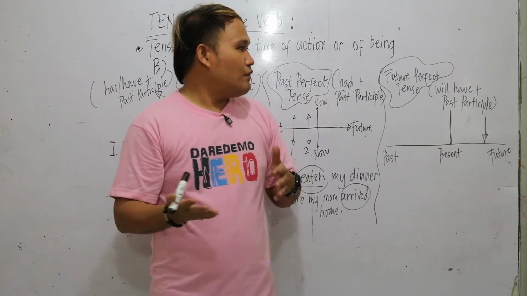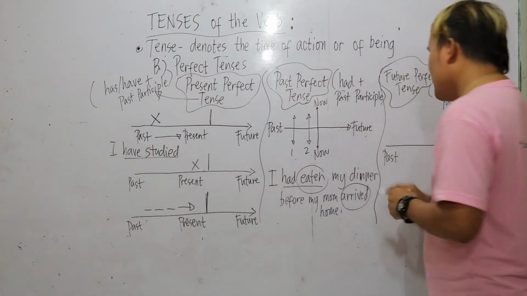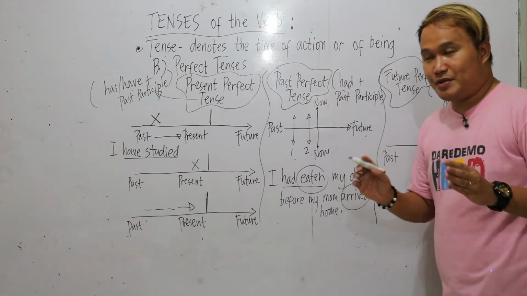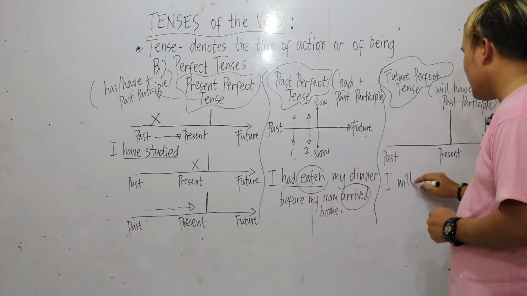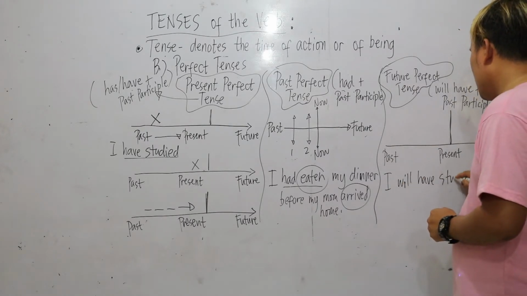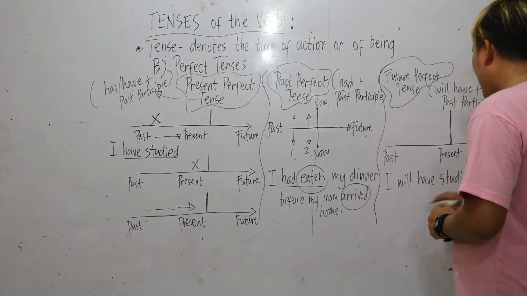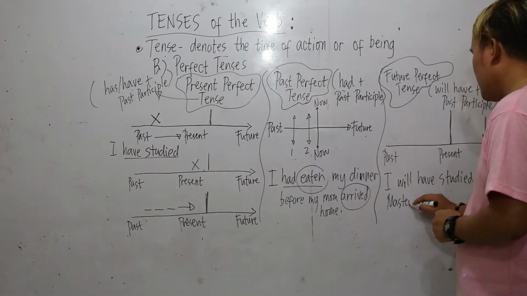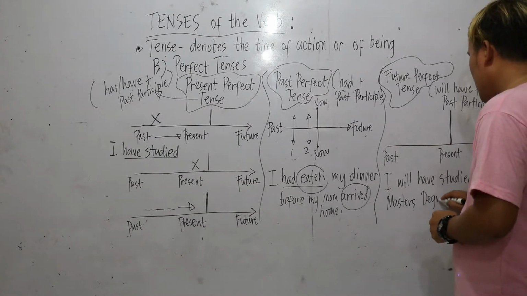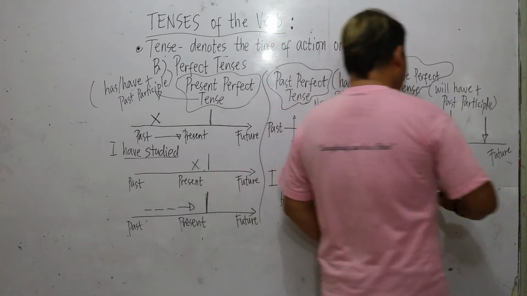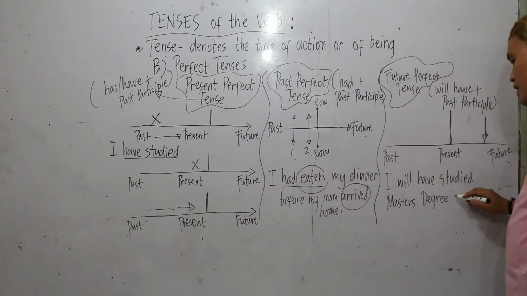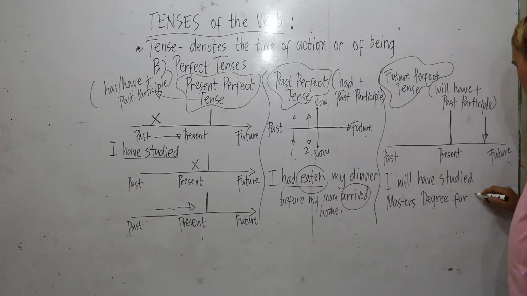Okay? For example, now this time, you are going to use some time expressions or some signal words. So, for example, I will have studied a master's degree for 2 years.